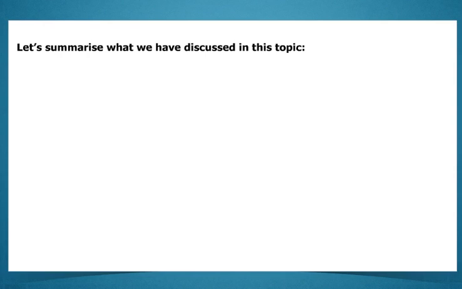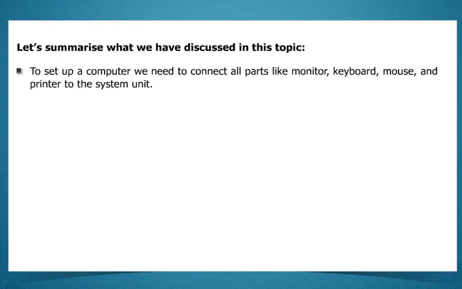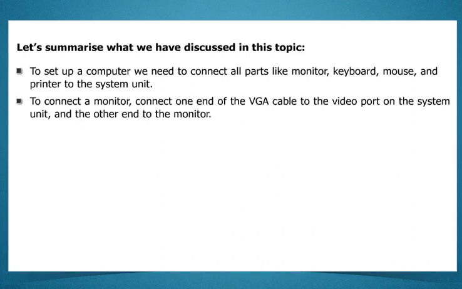Let's summarize what we have discussed in this topic. To set up a computer, we need to connect all parts like monitor, keyboard, mouse, and printer to the system unit. To connect a monitor, connect one end of the VGA cable to the video port on the system unit and the other end to the monitor.